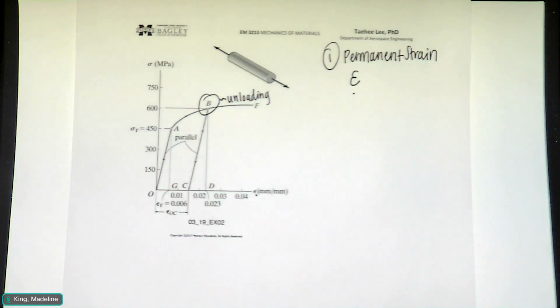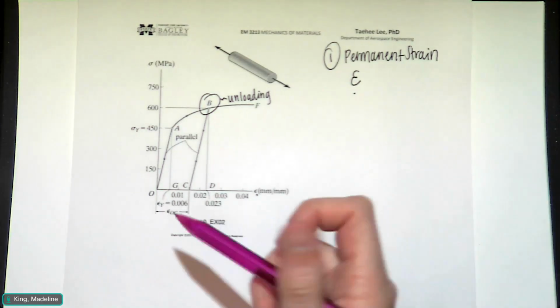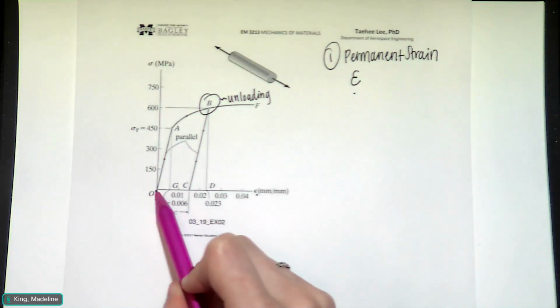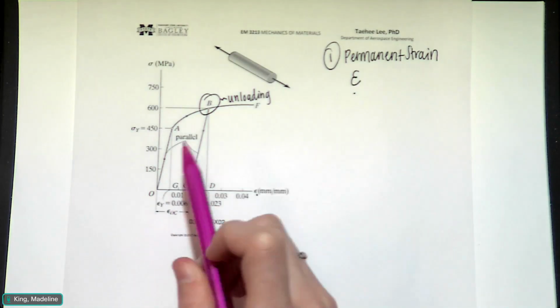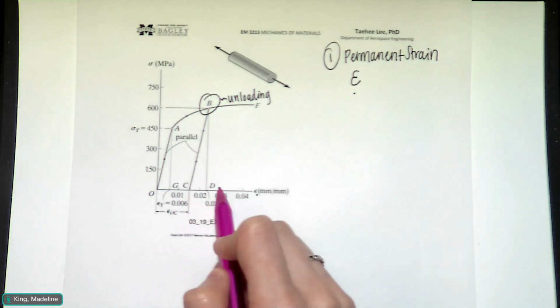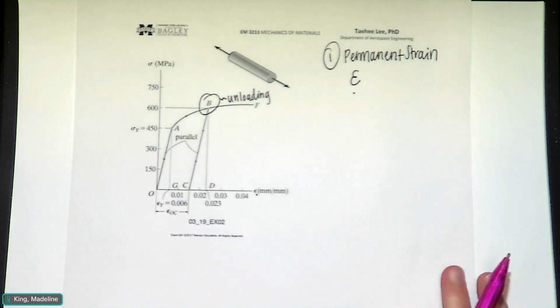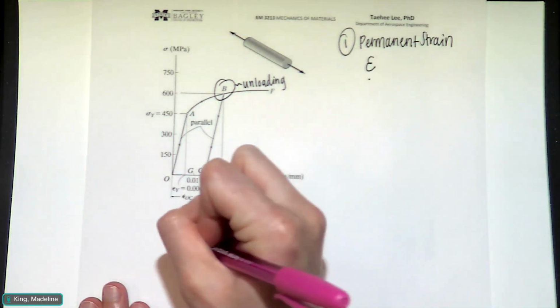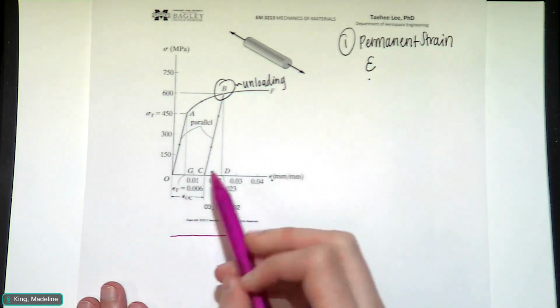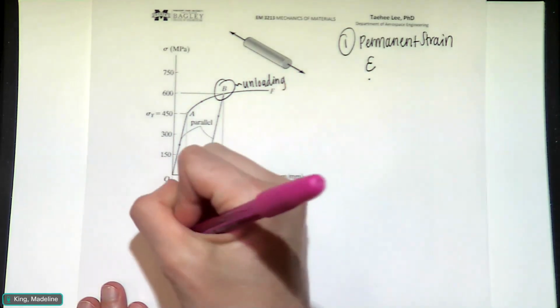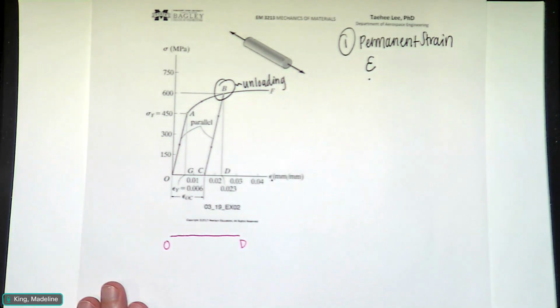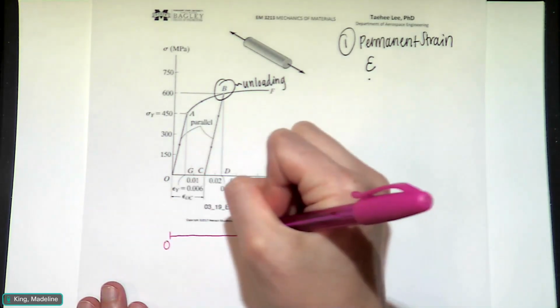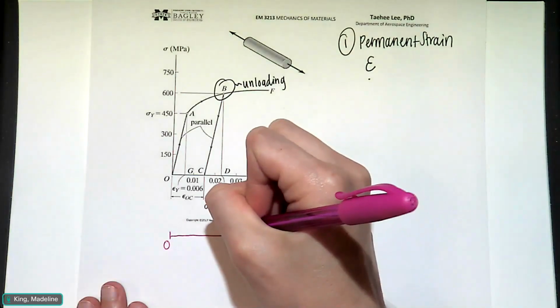So let me see. Get a pen. So we have point O, point C, and point D to really worry about. So I'm going to draw this line to show from point O to point D. Okay. And then we have C right here.